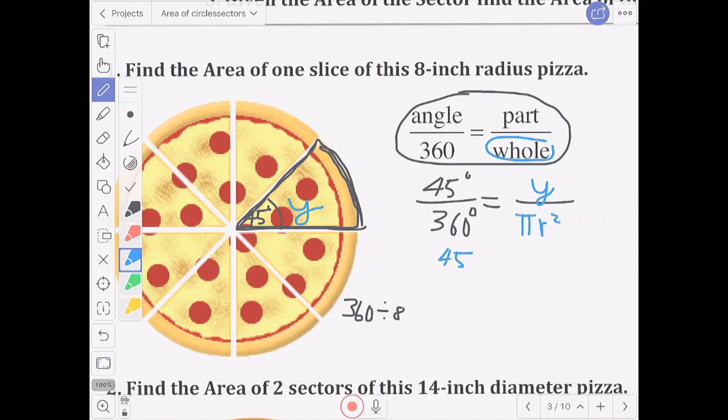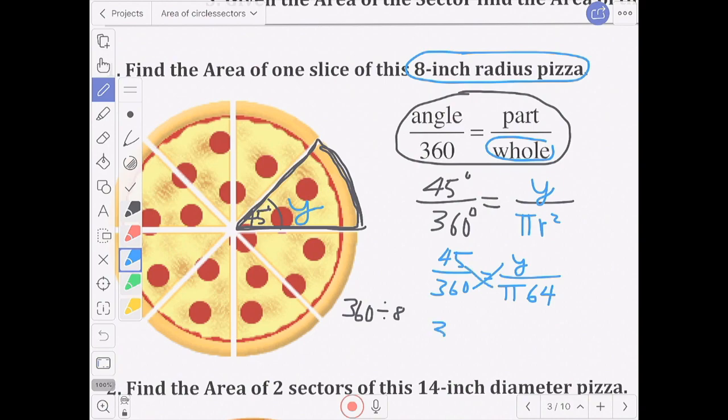So the calculation looks like 45 over 360 equals y over pi times, well, it was an 8-inch radius pizza. So pi times 8 squared would be pi times 64. And all that's left to do is to cross multiply.